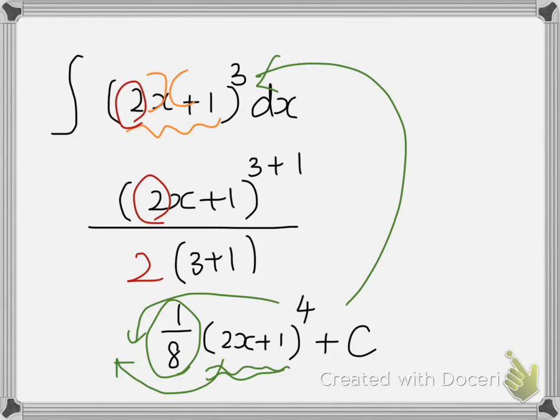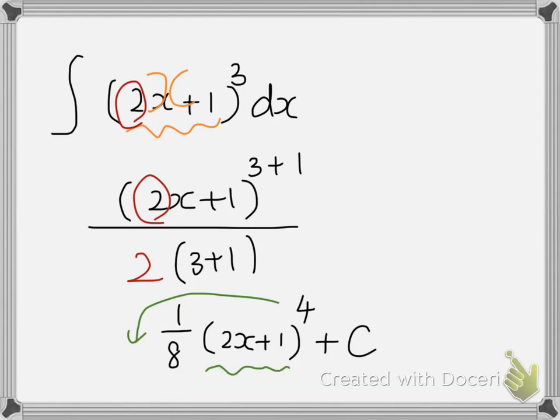One of the things about integration is this: once you integrate something, if you're not so sure, if something ticked you off, you differentiate your answer. When you differentiate your answer, it should give you back your question. If you don't get that question, something is wrong somewhere. So this is a good way for you to check your answer for integration.